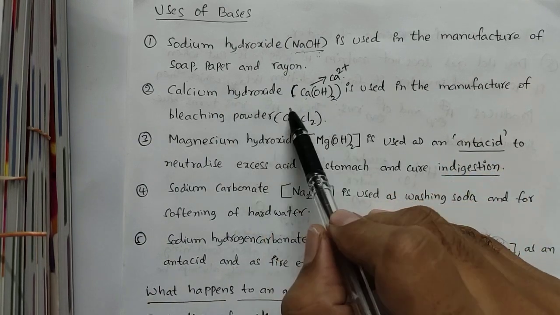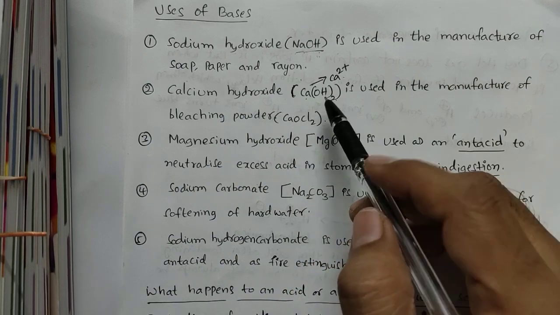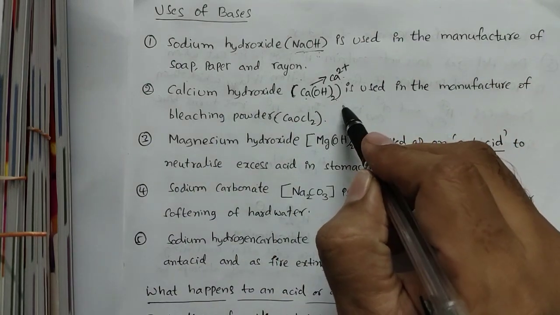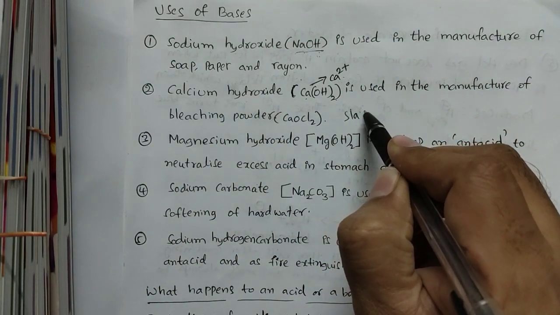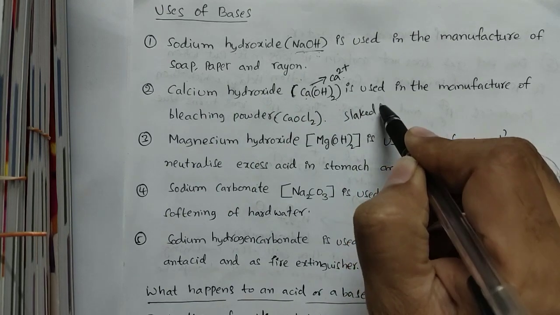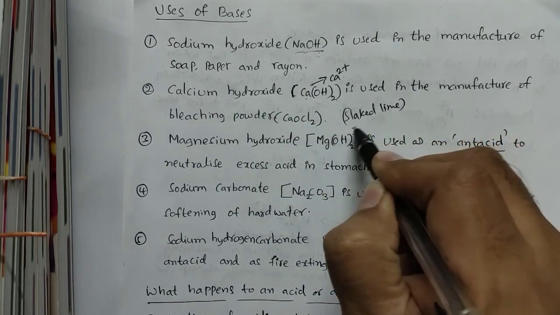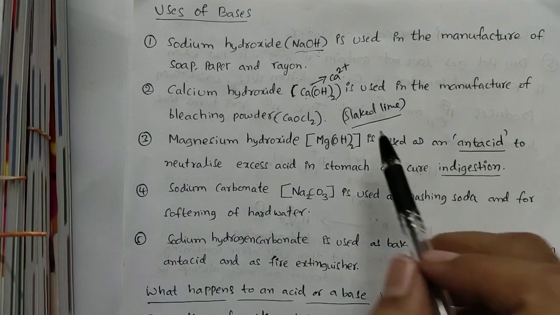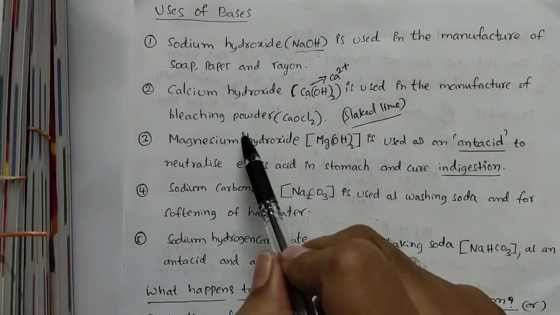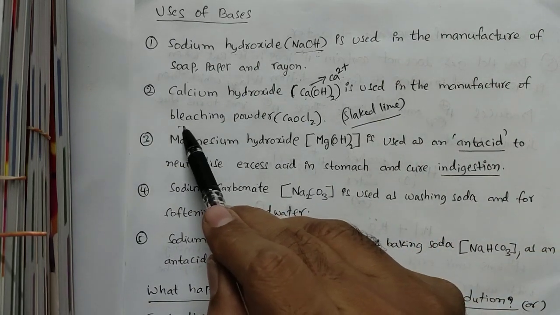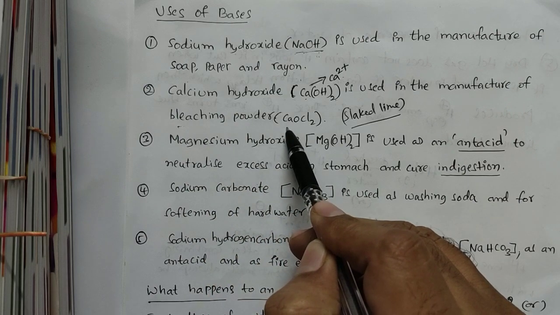Calcium hydroxide is also called slaked lime. This is used in the manufacturing of a very important chemical called bleaching powder.